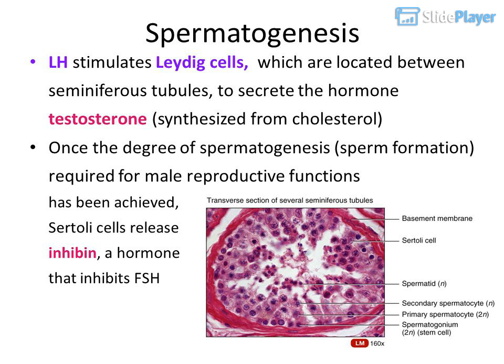LH stimulates Leydig cells, which are located between seminiferous tubules, to secrete the hormone testosterone, synthesized from cholesterol. Once the degree of spermatogenesis, sperm formation, required for male reproductive functions has been achieved, Sertoli cells release inhibin, a hormone that inhibits FSH.